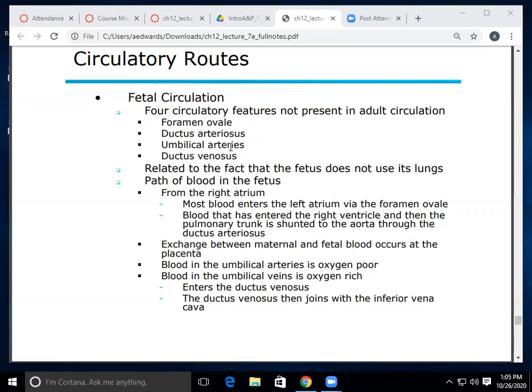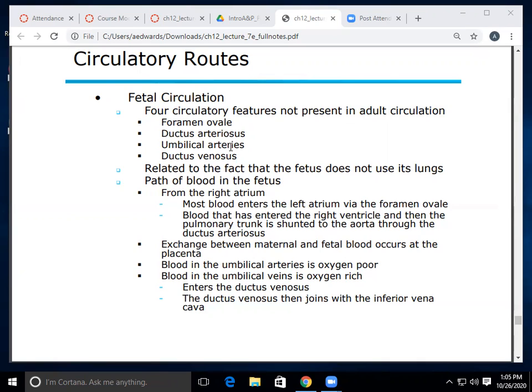You get an exchange between the maternal blood and the fetal blood, because the maternal blood has oxygen, and that happens at the placenta. So the placenta is essentially serving as the lungs, as well as serving as your intestines, because that's where nutrients are coming in. The fetus picks up oxygen and nutrients through the placenta.